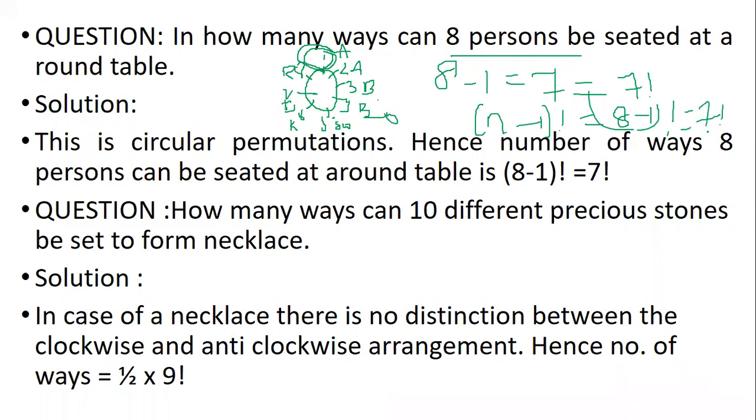Even if you go by the formula, you get 7 factorial, or if you arrange them in a practical way, you also get 7 factorial. So you get 5040 ways. 7 factorial is equal to 5040 ways. That is the final answer that you will get, 5040 ways.